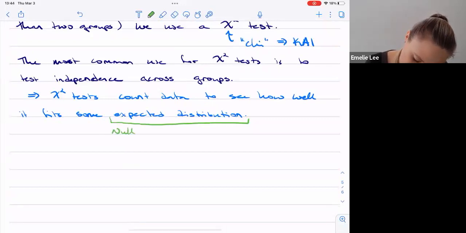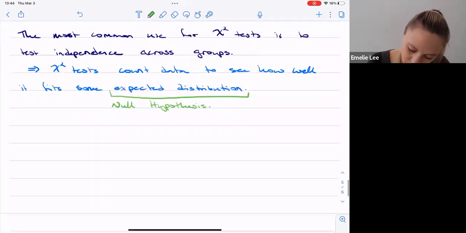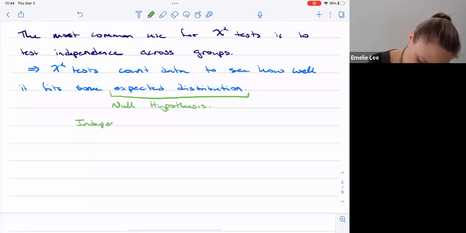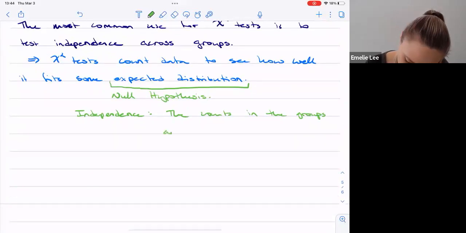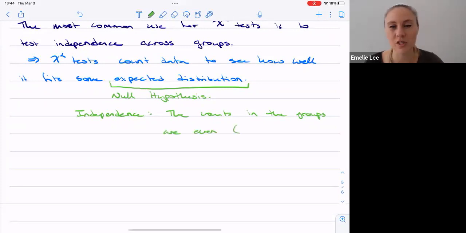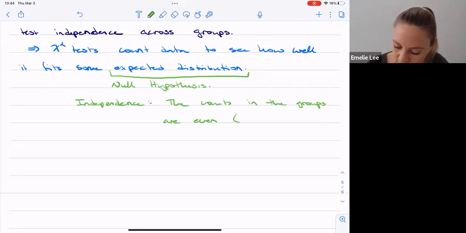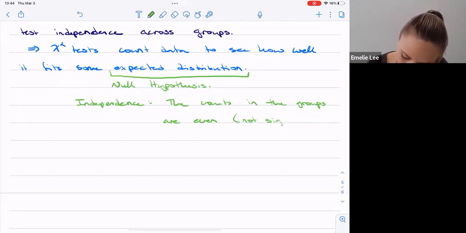This is from the null hypothesis, which for independence, the counts in the groups are even, which really just means not significantly different, right? They're not exactly even, but they're independent of each other. Okay, so the counts in the groups are even or not significantly different.